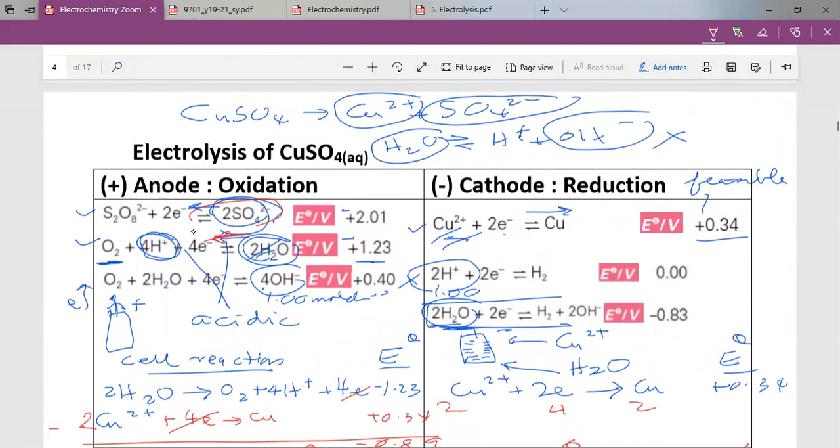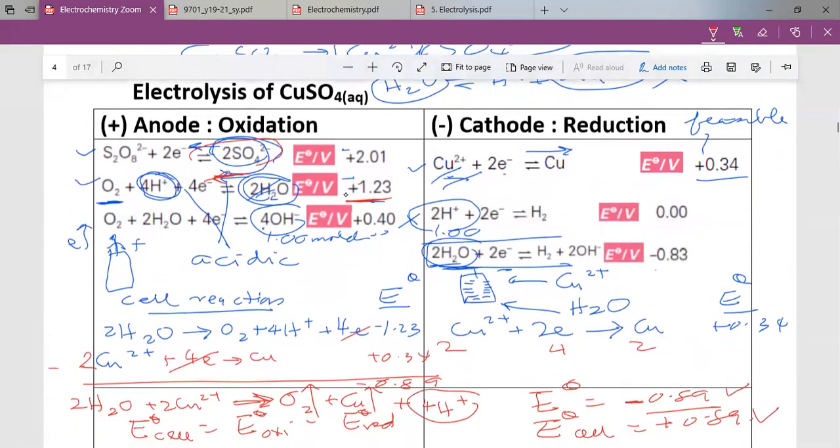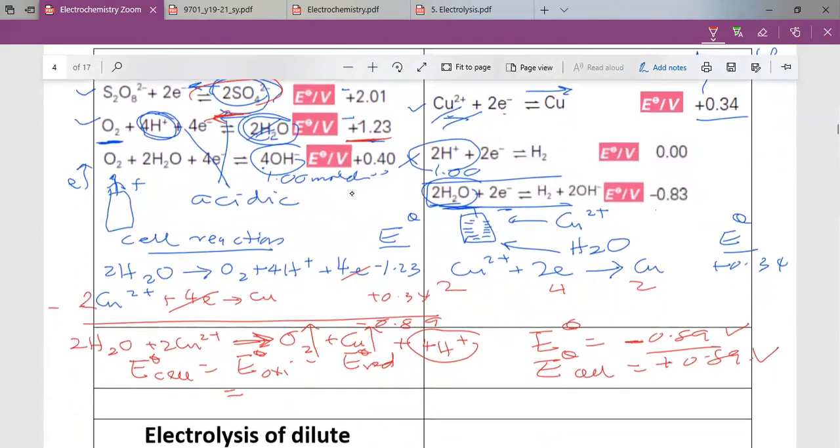So it's this one here. Remember, you use positive because you quote the original one. So it's positive 1.23 minus copper, which is positive 0.34. Again, you can see you get positive 0.89. That means this is the EMF of your cell. You must overcome the resistance in electrolysis.